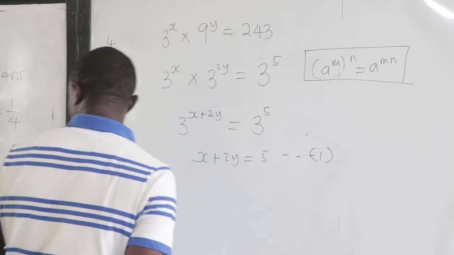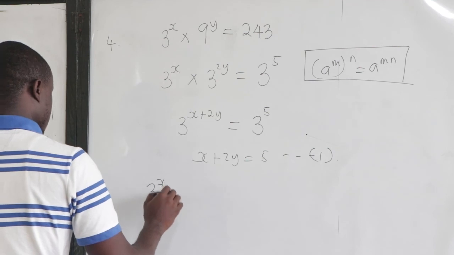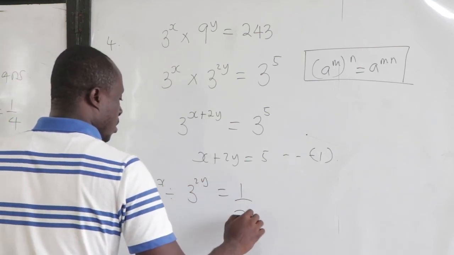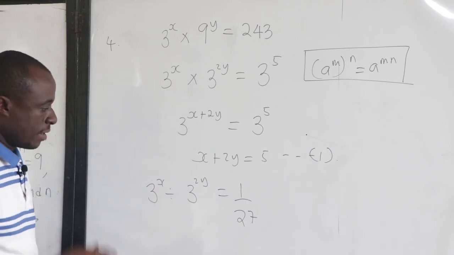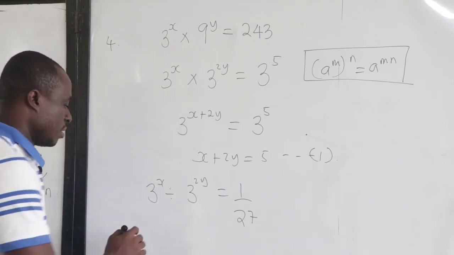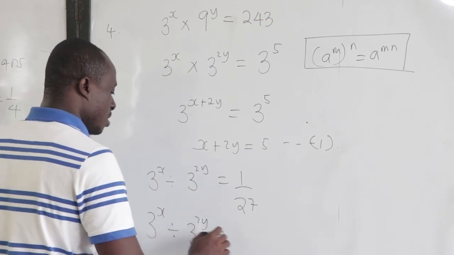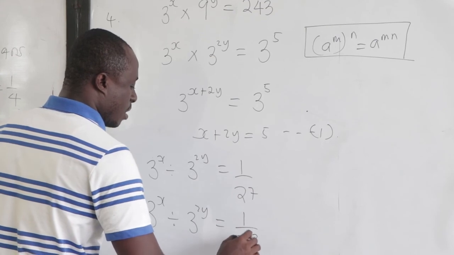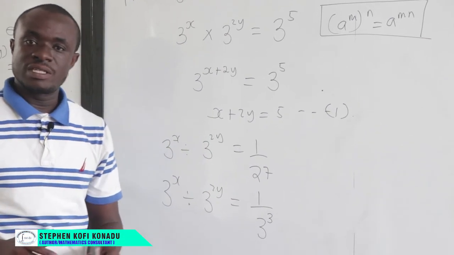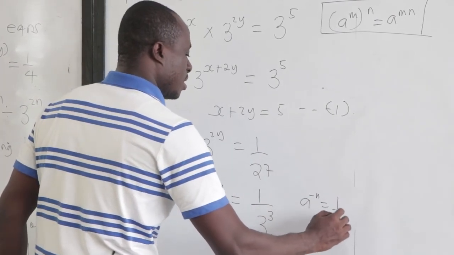Let's call this equation 1. Now the second one says that 3 to the power x divided by 3 to the power 2y equal to 1 over 27. Now what can we do here? We can change this 27 to 3 to the power 3. So you have 3 to the power x divided by 3 to the power 2y equal to 1 over 3 to the power 3. Now a to the power negative n is the same as 1 over a^n.